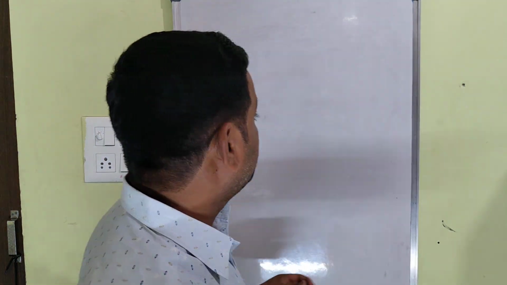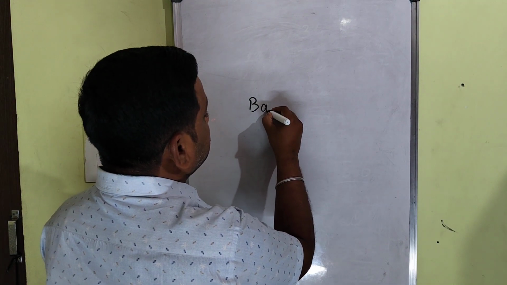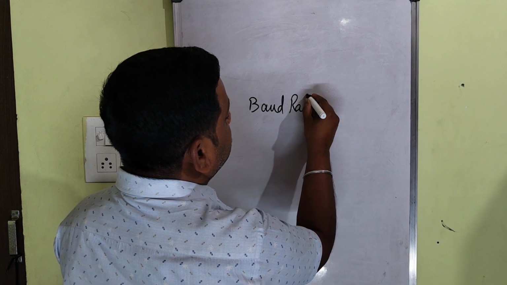The very first thing we need to understand while writing a program is baud rate. In the previous video I already told you what it means: the baud rate is nothing but the number of bits transferred per second. So in a microcontroller, we need to select a baud rate. Let us understand how to select it and what range of baud rates we have.